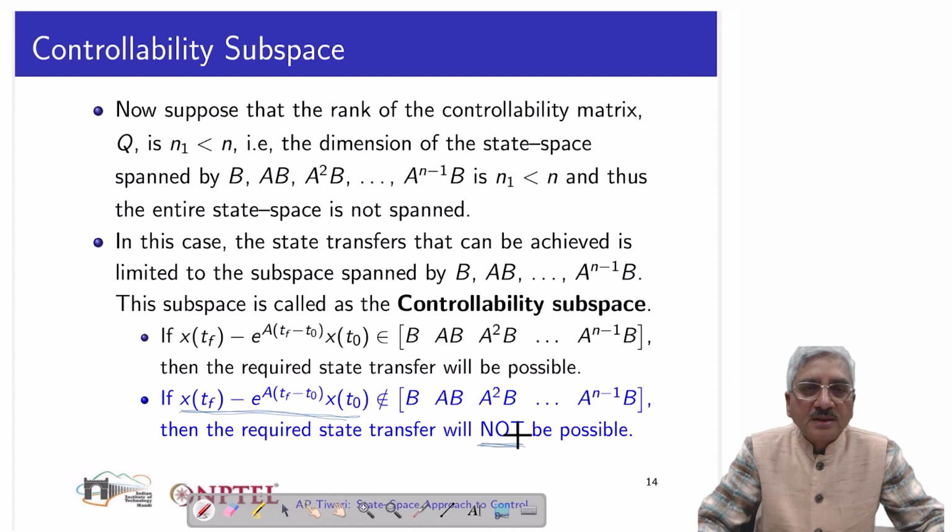So even if the system is uncontrollable, the state transfers within the controllability subspace will be possible. Not all state transfers will be possible. So this concept of controllability subspace allows us to think about the various state transfers that still may be possible for linear time invariant systems.